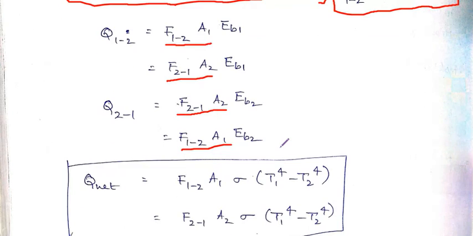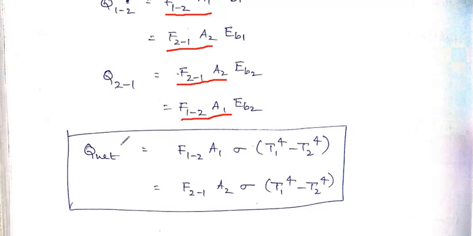So the net heat exchange between the two black surfaces can be written as F1 to 2 A1 sigma (T1 power 4 minus T2 power 4), or F2 to 1 A2 sigma (T1 power 4 minus T2 power 4). This expression is only applicable for diffuse emitters and diffuse reflectors, which must be surfaces of black bodies.